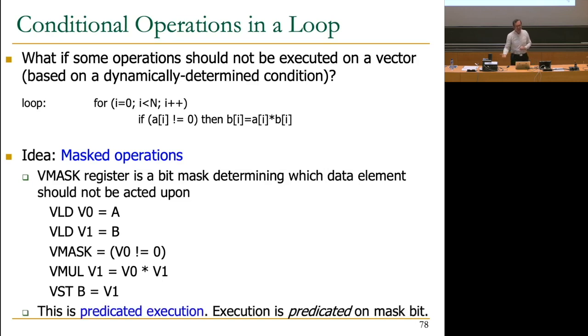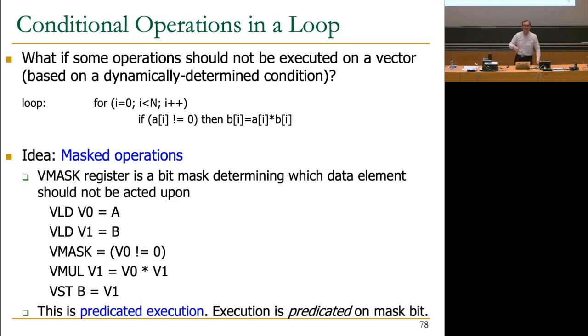So this is actually predicate execution. We did not cover predicate execution much when we talked about branch prediction, but essentially this is converting a branch instruction into data flow, right? That vector mask is providing conditions, and those conditions decide whether an operation takes effect on an element. There's no branch. It's all data flow, right? It's all dependent on the vector mask register. So this is beautiful, and this is where predicate execution has been extremely successful.